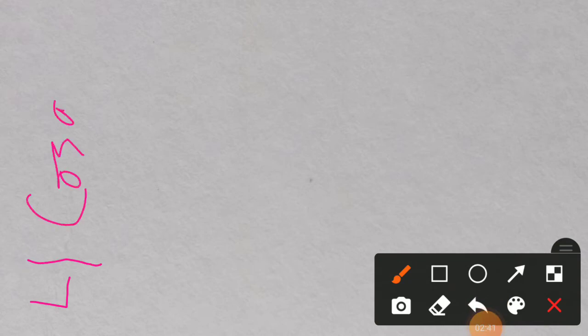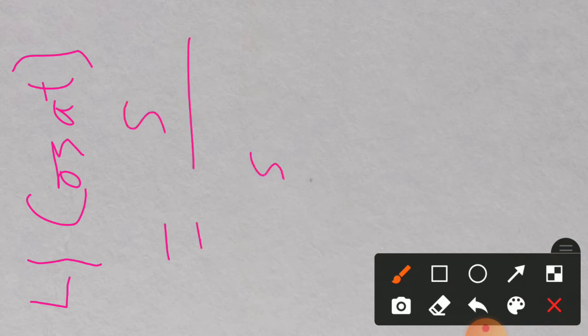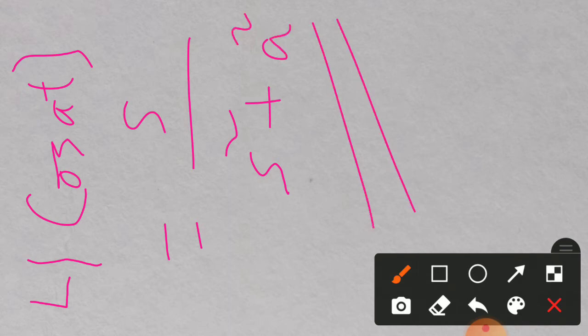Similarly, Laplace transform of cos at was s upon s square plus a square. So we have calculated Laplace transform of 6 elementary functions, that is 1, t, t raised to power n, e raised to power at, sin at, cos at.